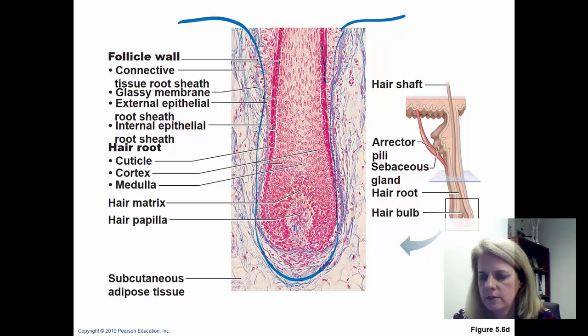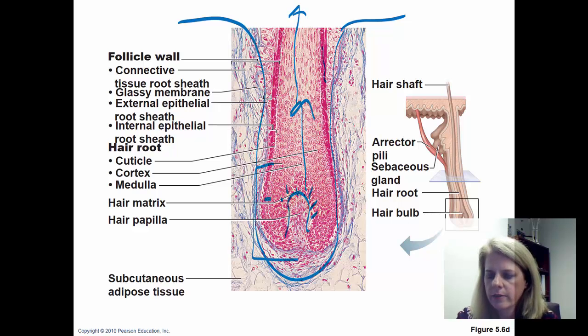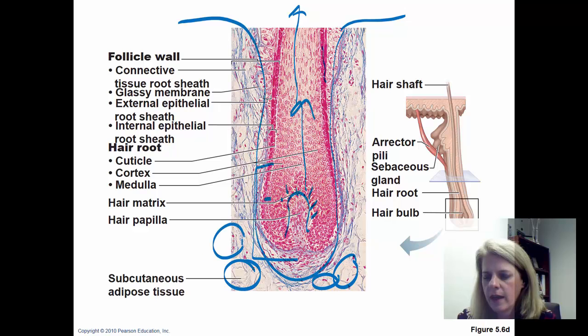And this is the hair papilla, and the hair is kind of being made down here, and then it moves out. So this would be the root of the hair, and then this would be the actual hair as it goes up and out of the skin. And then again, it's going to be down in the adipose region. We'll show you again in your lab video about this.